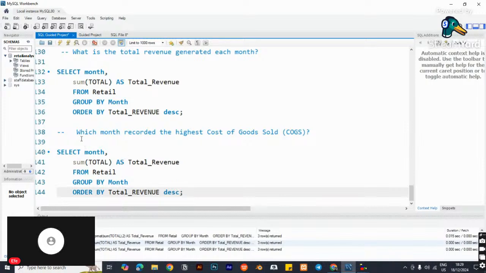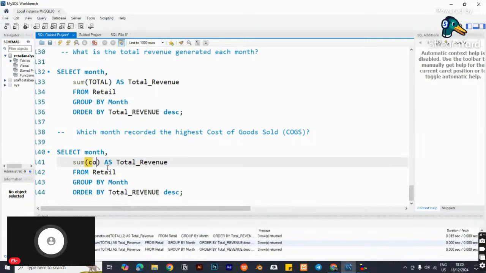So we say which month, so we are selecting, retrieving just the month column. Using the SUM, which month has the highest cost of goods sold? We're going to use the SUM, and we'll pass the cost of goods column into the SUM function as an argument.